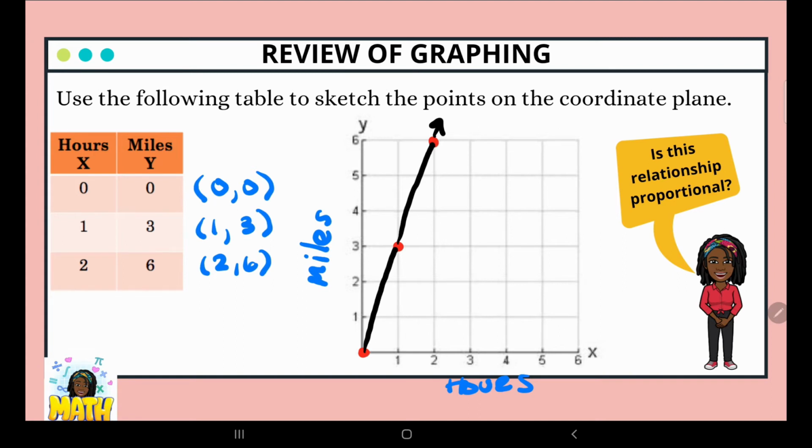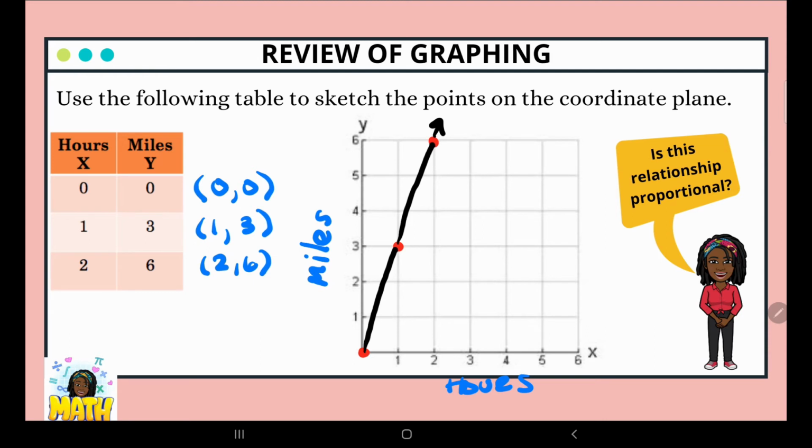This is not the entire graph, but we are limited to this portion of the graph based on our coordinate plane. So now to answer the question, is this relationship proportional? The answer is yes, and we'll talk more about it in a little while. The reason why this relationship is proportional is because it passes through the point (0, 0), and it is a straight line. Now, if you take a look at the second and third points, when simplified, the ratio will be equivalent.